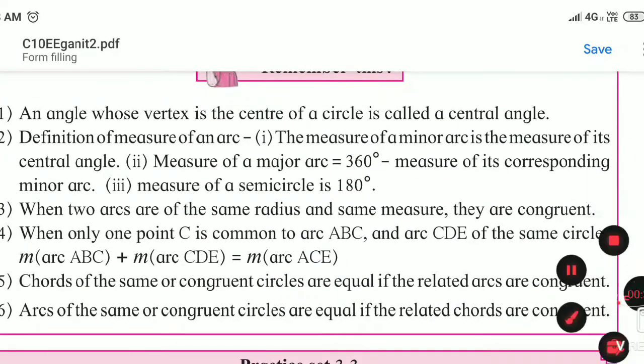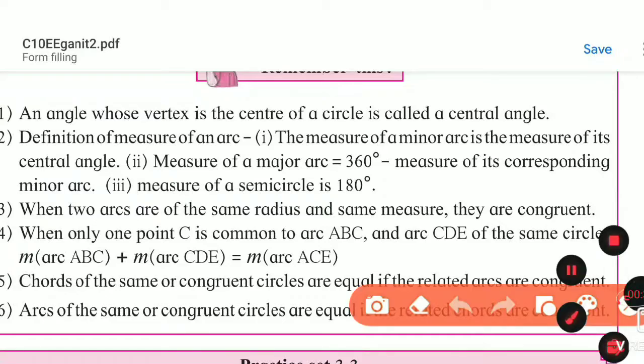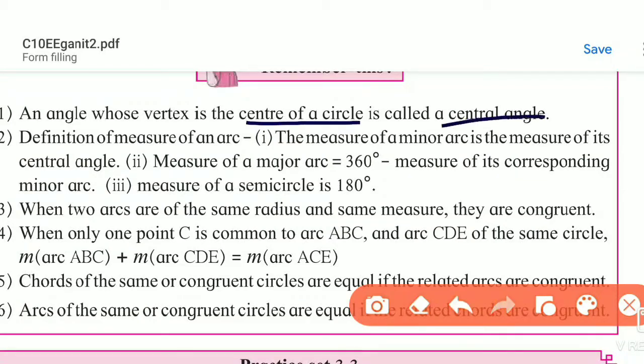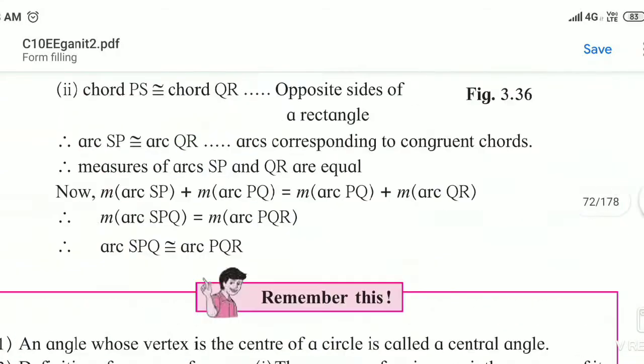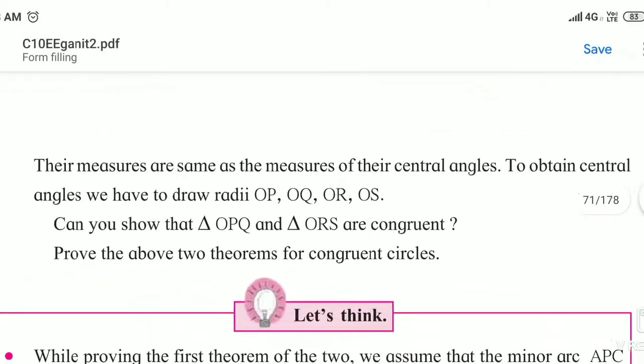The angle whose vertex is the center of the circle is called a central angle. For that, here I will show you a figure.